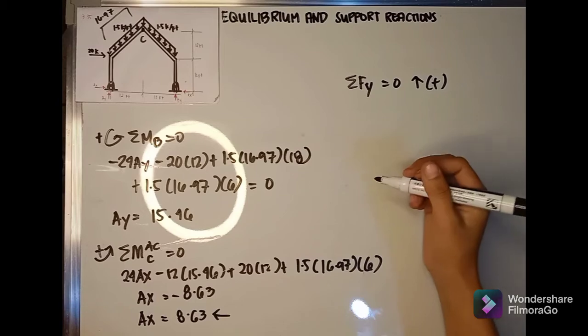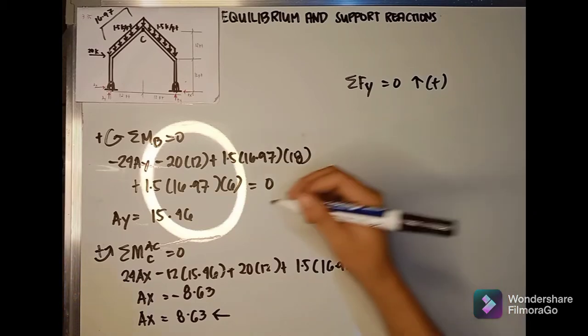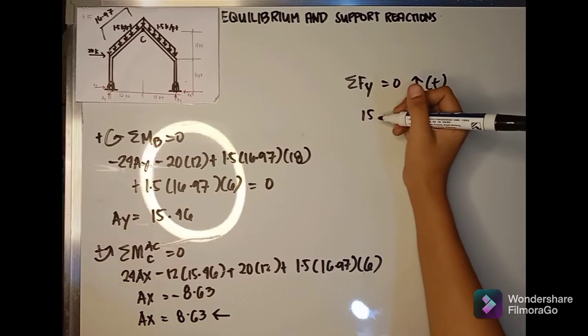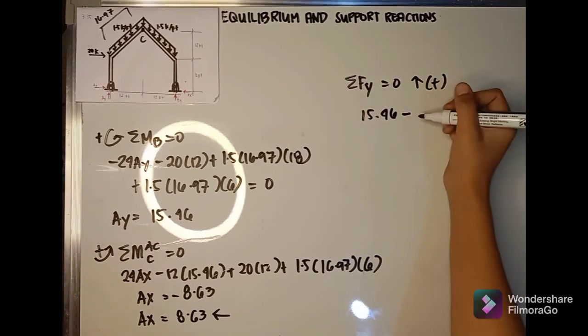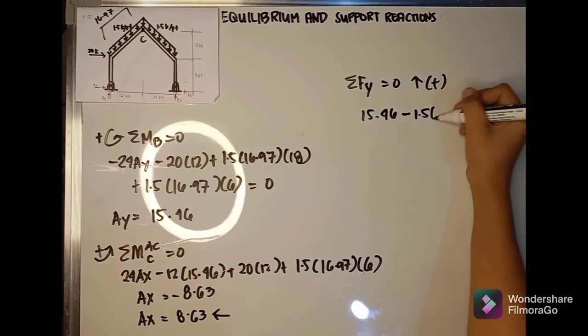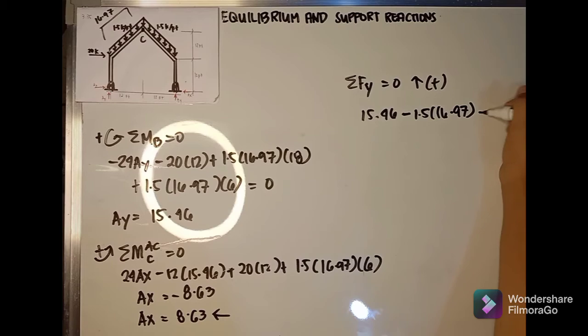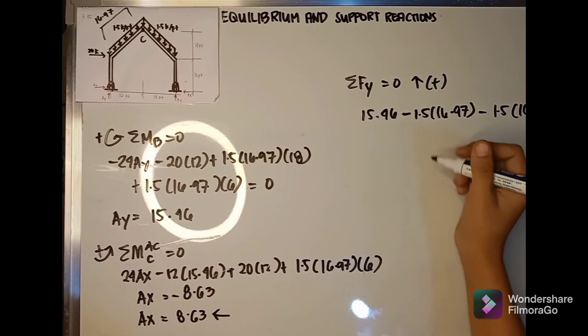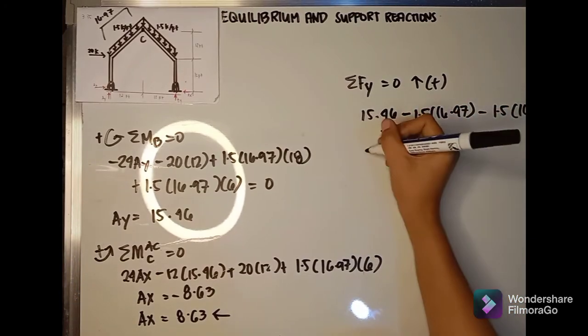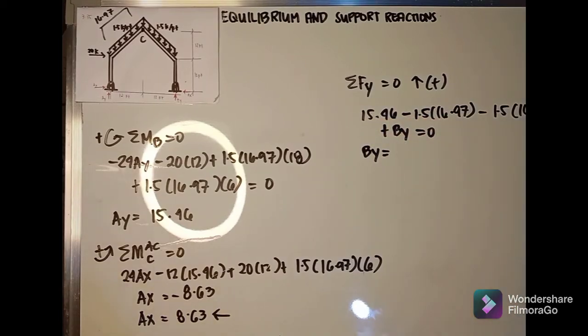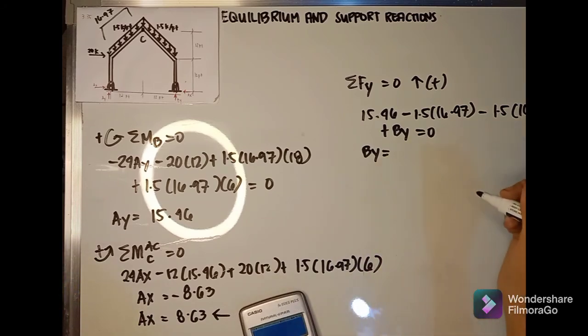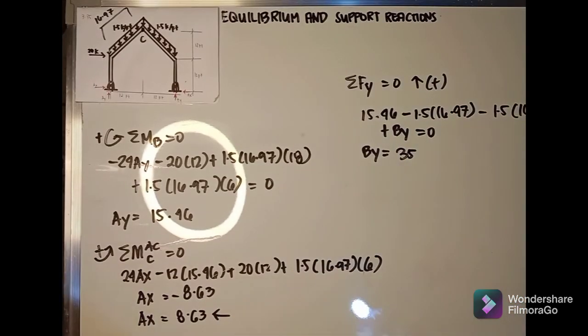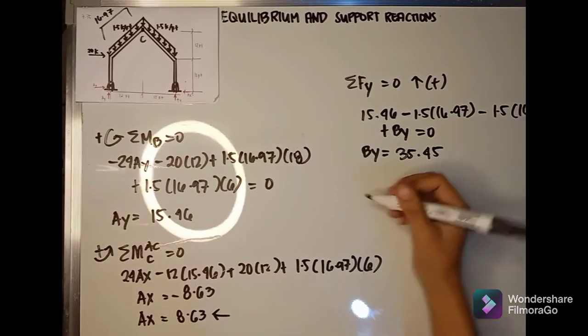For all the vertical forces, AY 15.46 minus 1.5 times 16.97 minus 1.5 times 16.97 plus BY is equals to 0. Solving for BY is equals 35.45.